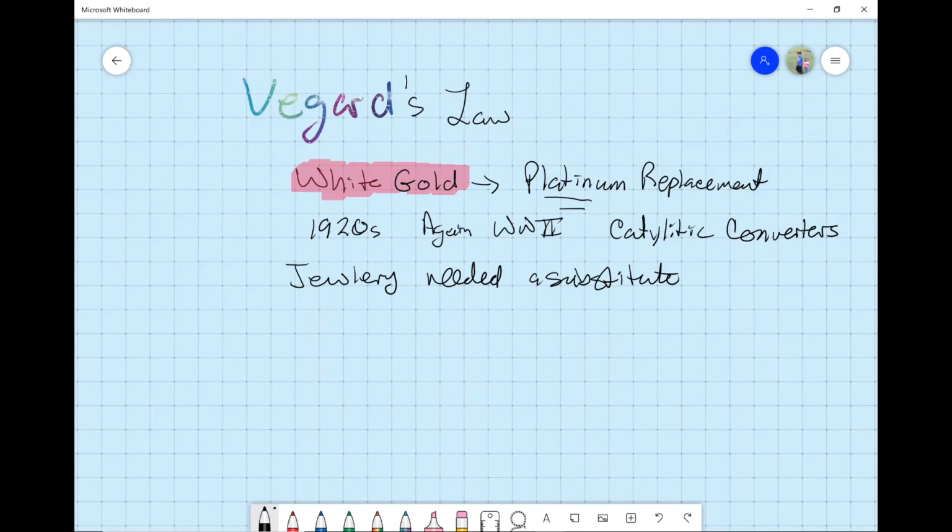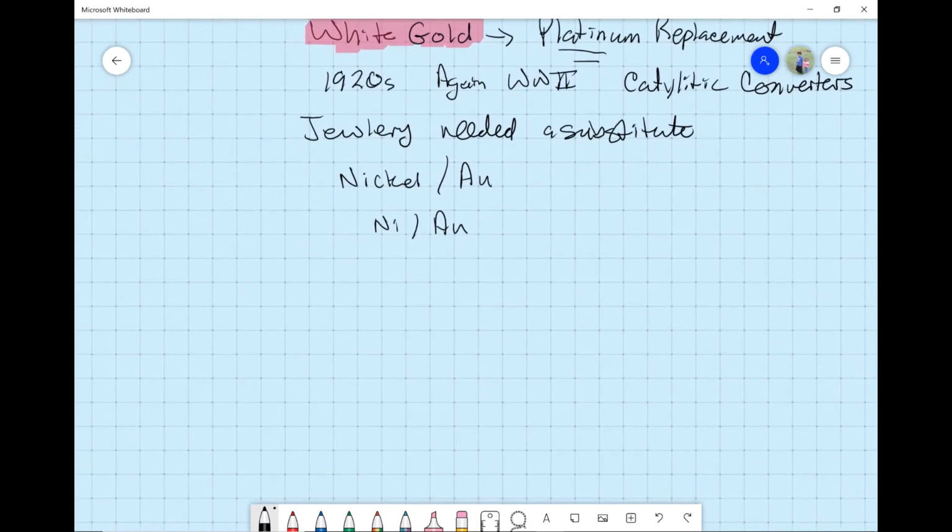Copper, nickel, no, geez, excuse me, nickel, silver, and palladium. So let's just use nickel and gold. And AU is aurum, if you're into the Latin of where these elements come from.